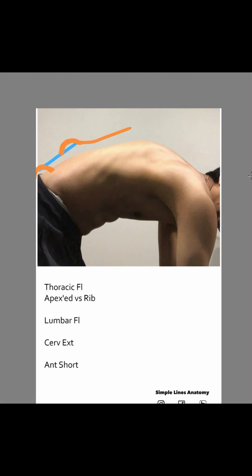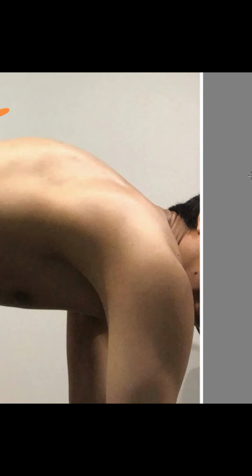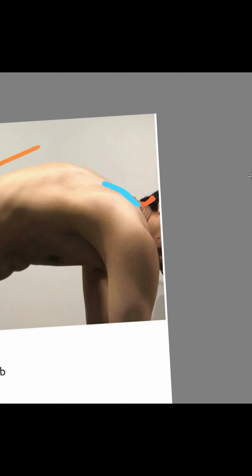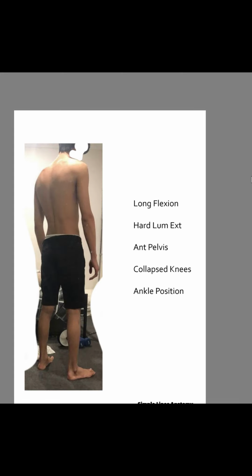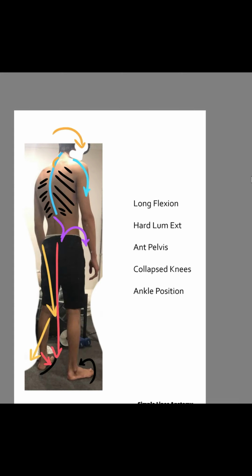Another thing worth looking at: we've got probably too much extension through the upper part of the cervical spine. That's the neck for the uninitiated. So looking back, I'll pop up one of our previous pictures because we were looking at that part. We said the thoracic spine was going into too much flexion through here.